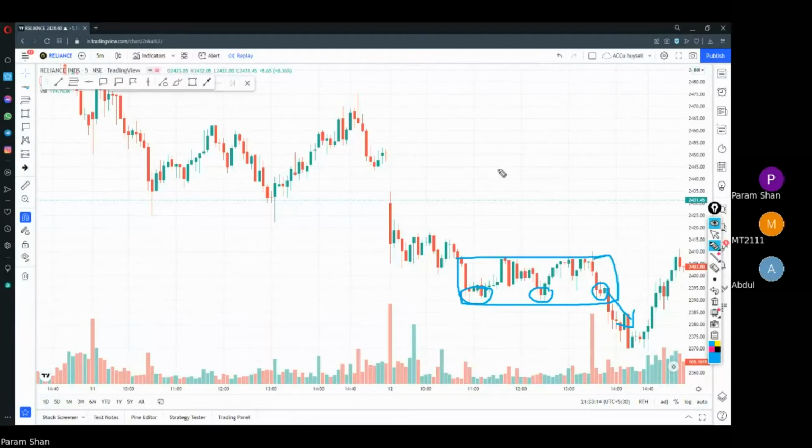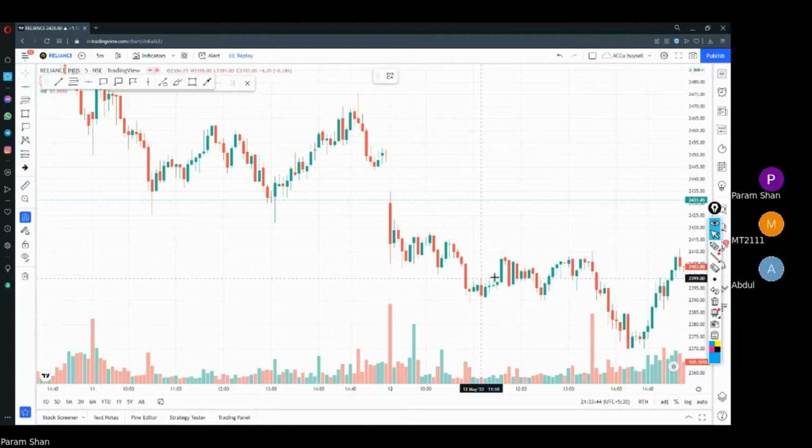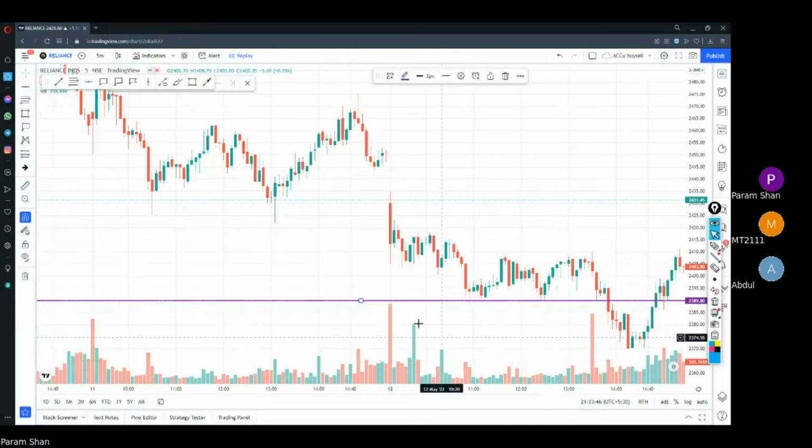Okay, so as you know, this is upward, this is downward. When the price is not going in a particular direction, then we call that sideways. So this is basically a sideways movement, and this is a breakdown of the sideways. Okay, but still this place is kind of a respected one, so we can consider that as a support as well. So let me mark this line as a support.